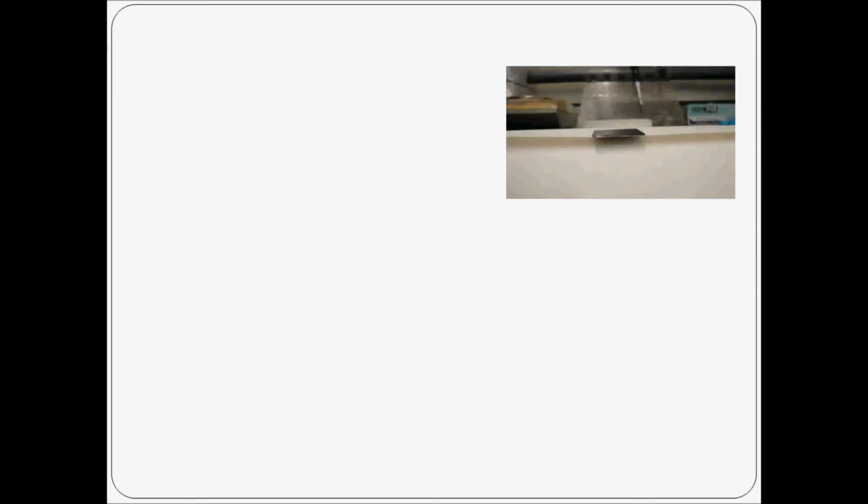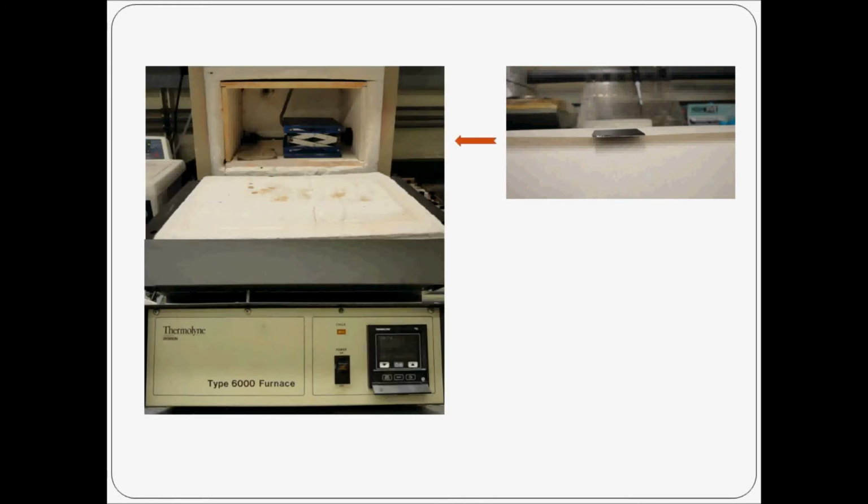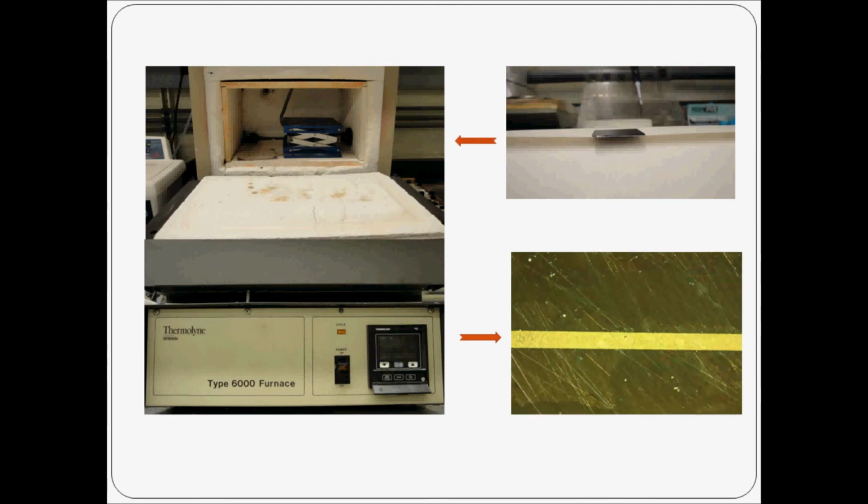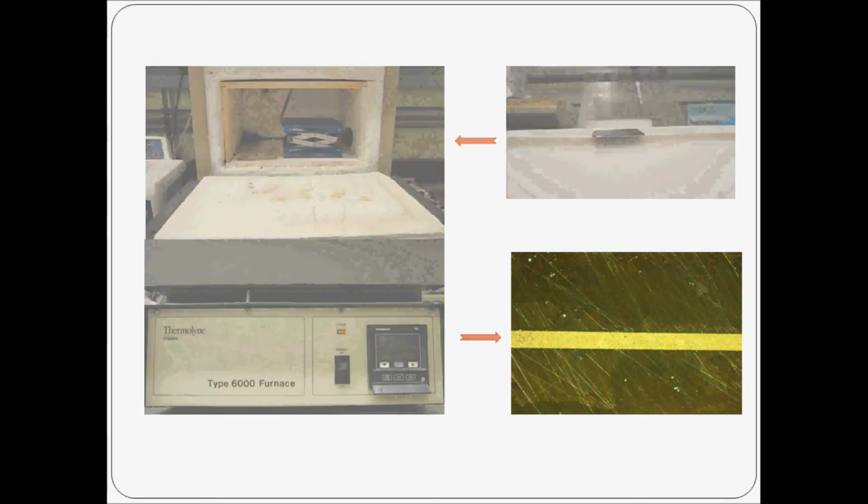If you look at the sandwich TIM from a different angle, it will look like this. Next, we put the sample into the furnace to cure it. And after staying in the furnace for a certain time at a certain temperature, our final TIM is ready. You see the shining part in the middle?